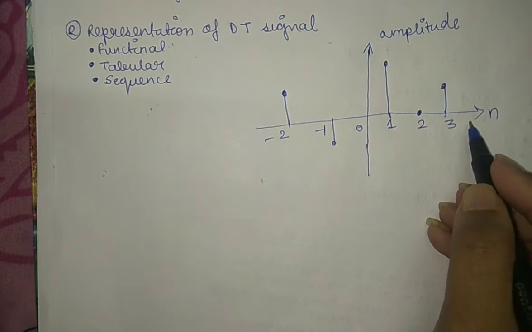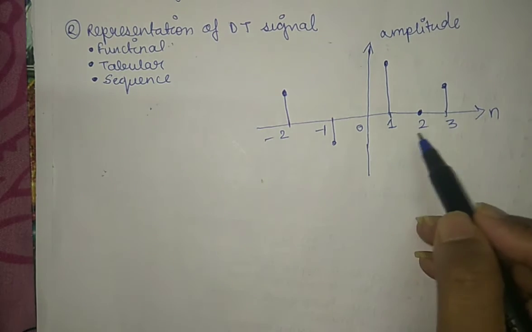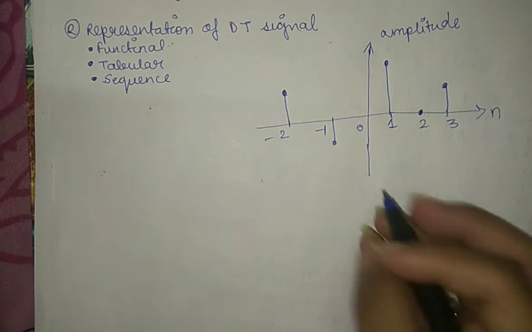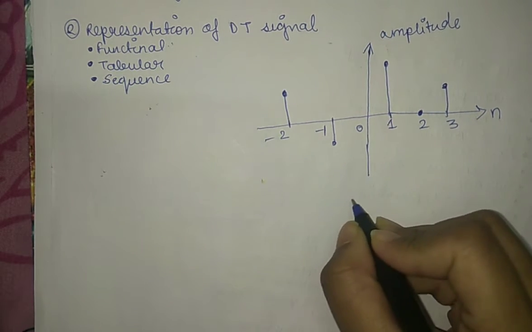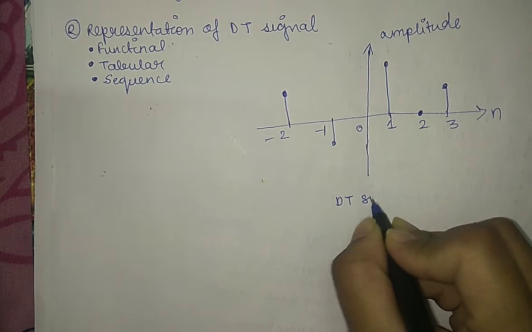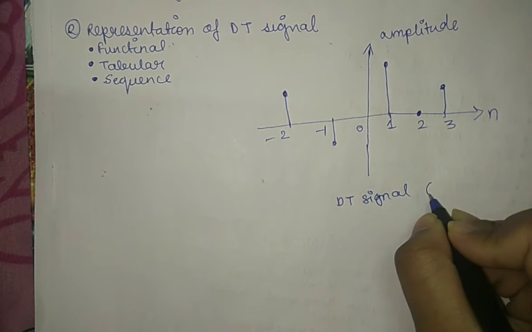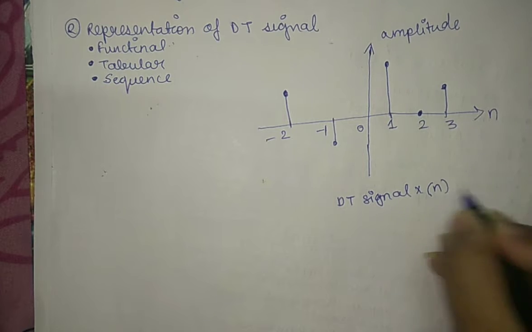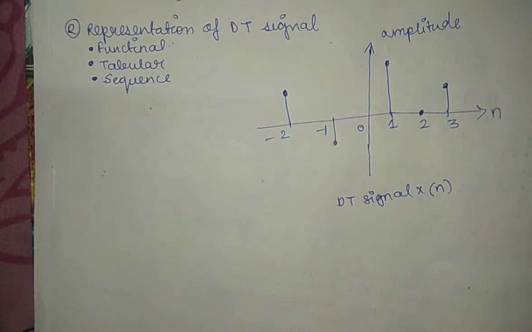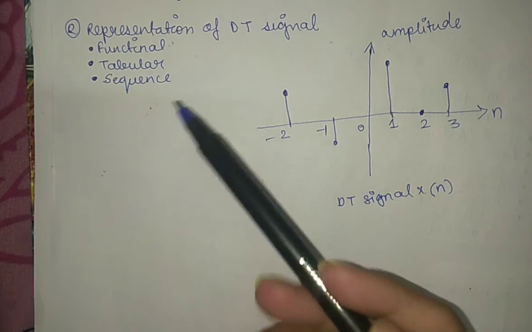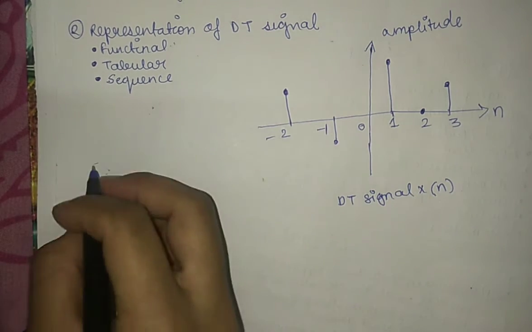So these are the samples, and here are their amplitudes. So this is a discrete time signal, which is denoted by x of n. Now we will see how it is represented in these three various forms. So let's start from the functional representation.